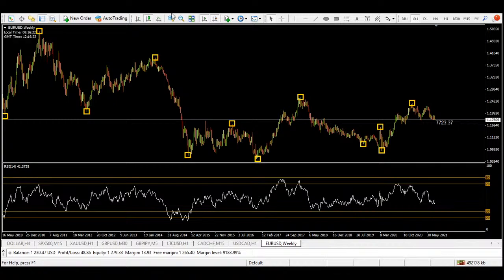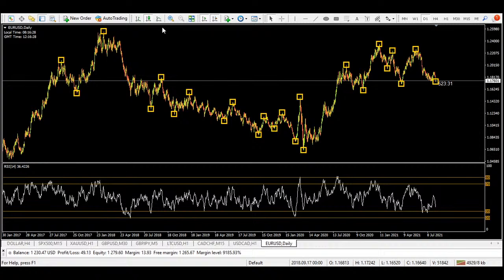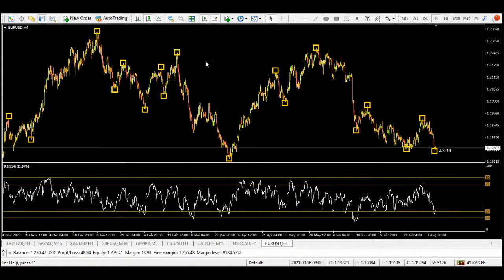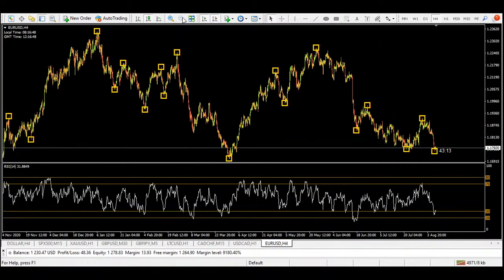Downtrend. Downtrend. Sideways. Downtrend. Possible reversal. Downtrend. 4-hour downtrend. Possible reversal.